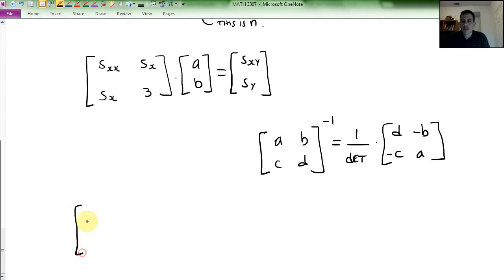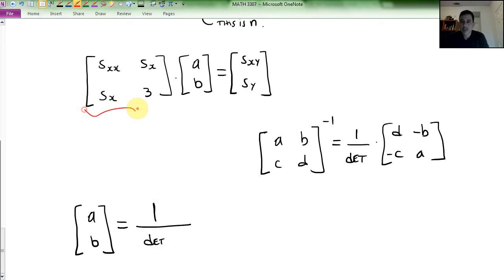So our A and B can be found by simply doing that. Let me see what I have here. Okay, well, 1 over the determinant.